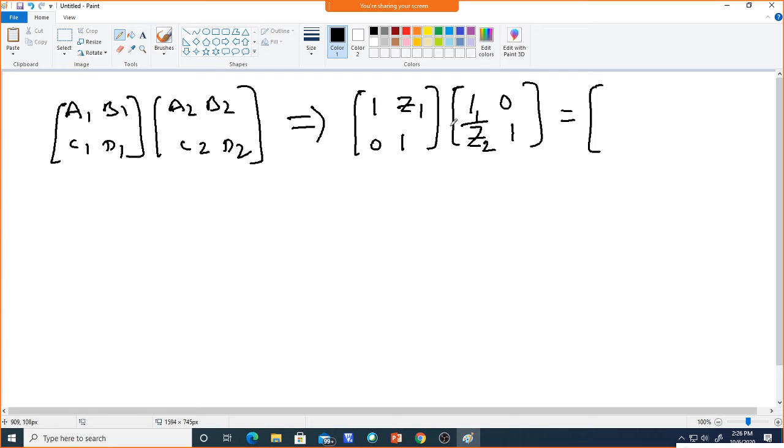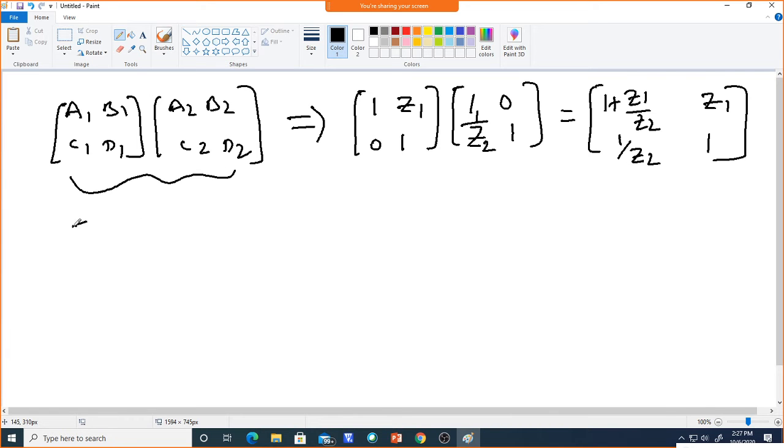So 1 into 1, 1, plus Z1 into 1 over Z2, it is Z1 by Z2. So this is 1 plus Z1 by Z2. Okay. So similarly, the second element, 1 into 0, 0, Z1 into 1, Z1. Now this one, 0 into 1, 0, 1 into 1 over Z2, this is 1 over Z2. So 0 into 0, 1 into 1, which will give 1. So this is the first two networks' resultant.